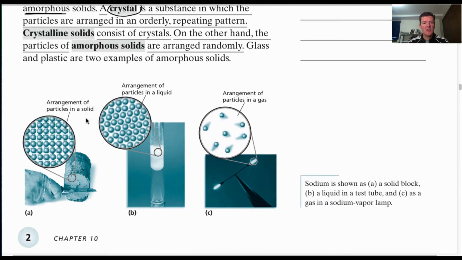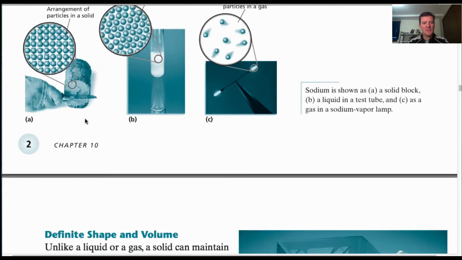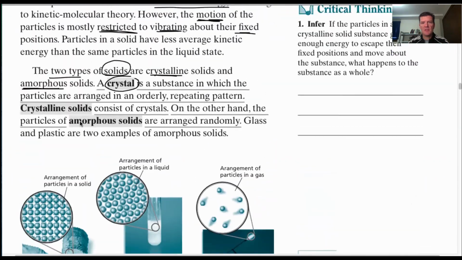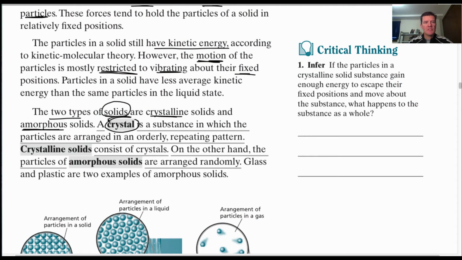All right? A crystal has an orderly repeating pattern. So the particles are going to be arranged in a particular pattern, and that pattern repeats itself over and over and over again. Okay?